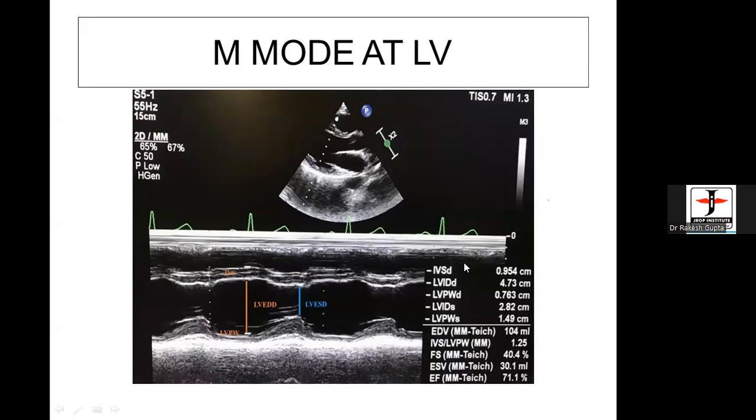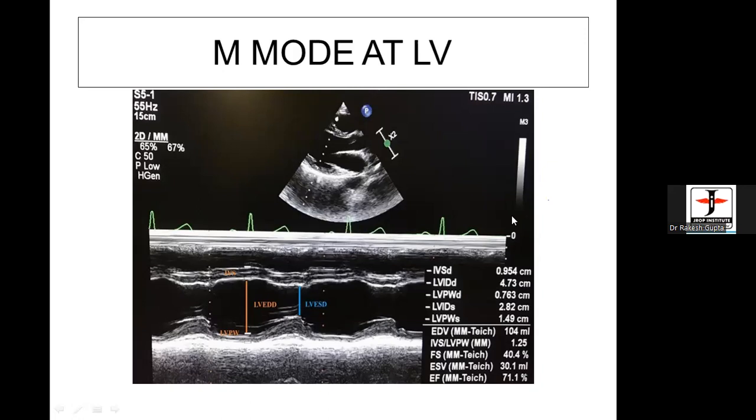Normally, our LV contracts to about one third. If it's 40, it reduces by at least 12 to make it 28. So approximately 33% shortening is there in our LV in the majority of cases.